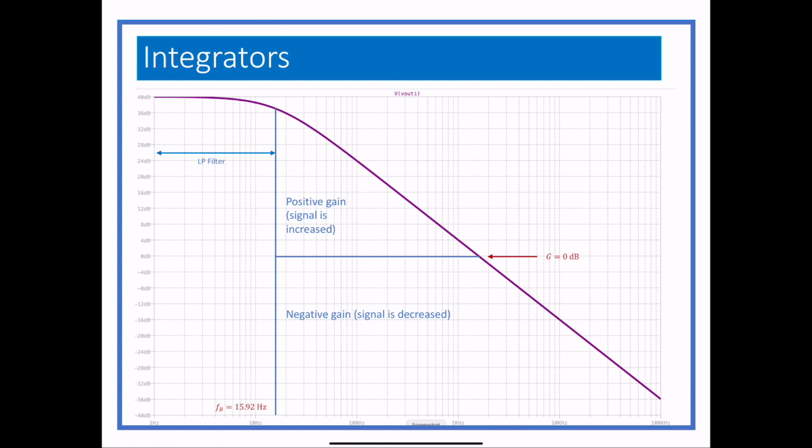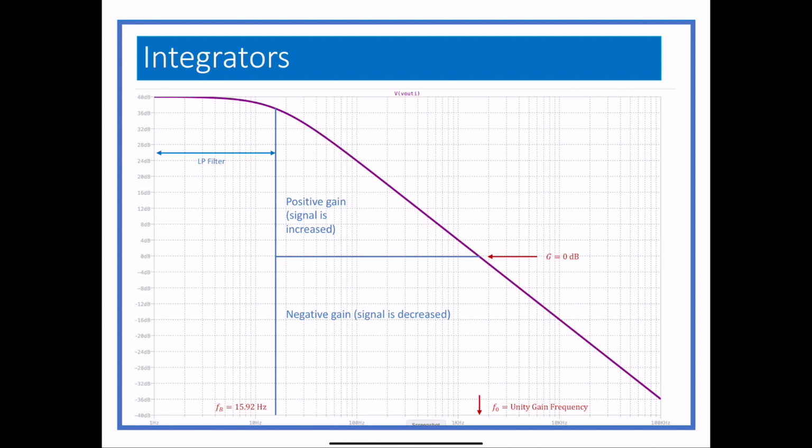Or maybe we want the signal to be exactly the same magnitude when it comes out and when it goes in, which is kind of hard to achieve, but can be done. Well, we calculate that frequency, and we call that the unity gain frequency. It actually has more than one name, but I'm only using it as the unity gain frequency right now.